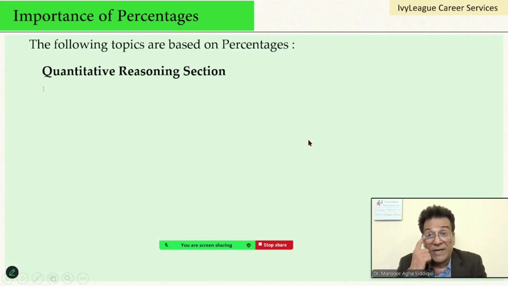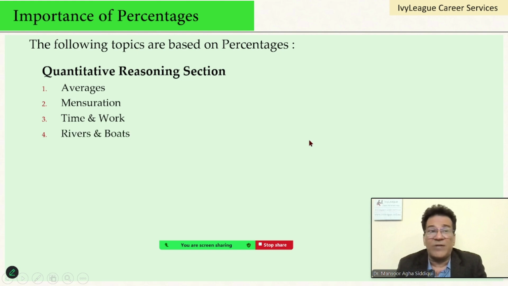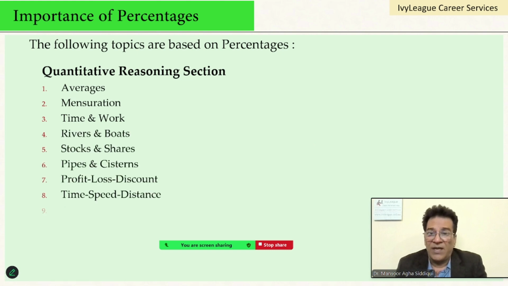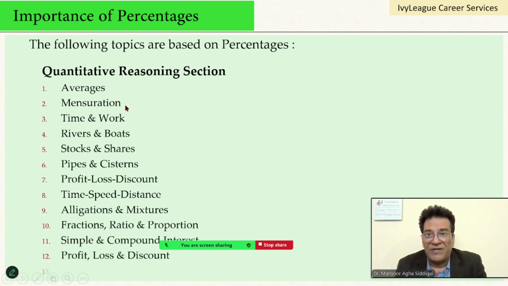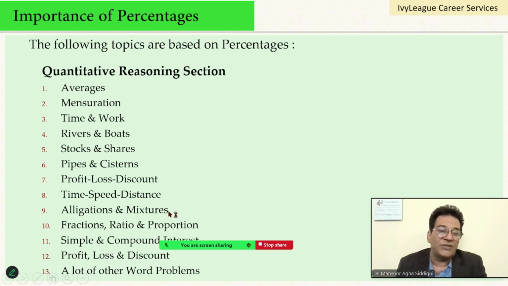For example, the whole of your basic numeracy section has topics such as averages, mensuration, time and work, boats and streams, stocks and shares, pipes and cisterns, profit loss and discount, time speed distance, alligations and mixtures, fractions, ratio, proportion, simple and compound interest, and many kinds of word problems which appear as part of your basic numeracy section or the quantitative reasoning section.